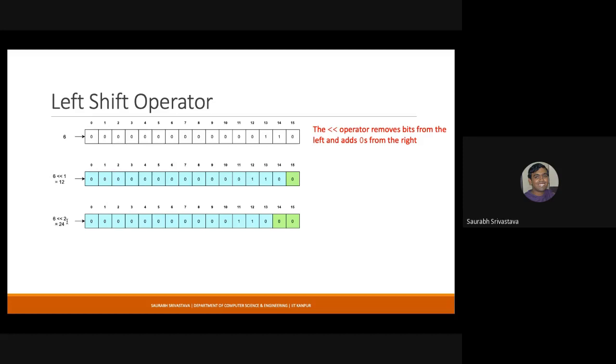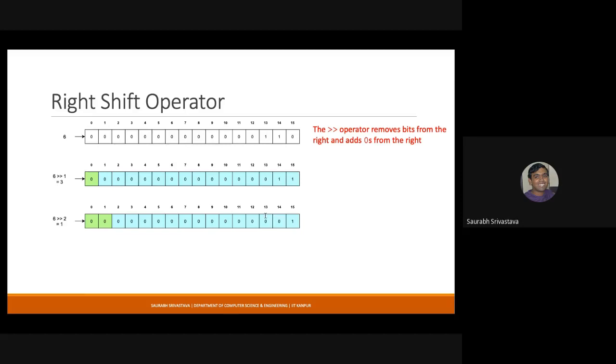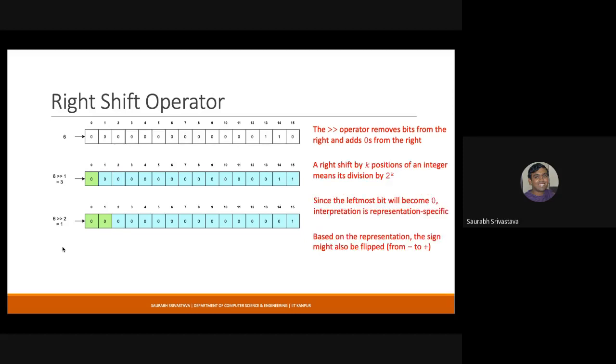If you do two left shifts for 6, it becomes 24. Whenever you left shift something, a 0 is added to the right. Similarly, for a right shift, a 0 gets added to the left part of the bit pattern, and this is the equivalent of doing an integer division by 2.